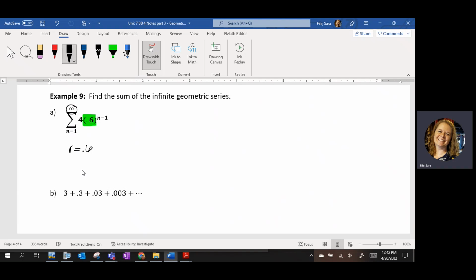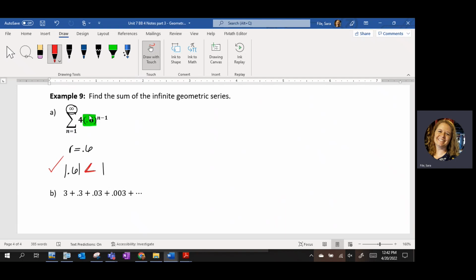And the test to know if there's going to be a sum or not is whether the absolute value of r is greater than or less than 1. So what's the case here? Is it greater than or less than? Less than 1. So this one checks out. Yes, it's less than. We are going to be able to get the sum.